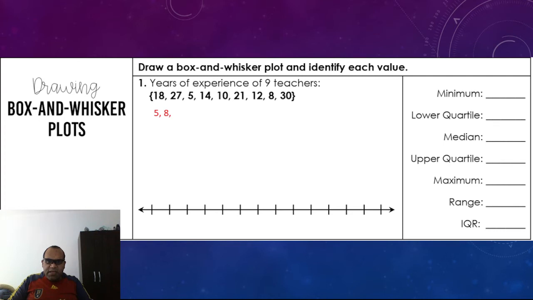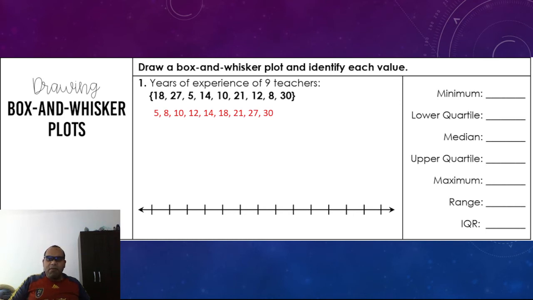The third, 10. The fourth, 12. The fifth, 14. The sixth, 18. The seventh, 21. The eighth, 27, and the ninth position, 30. I organized my data.